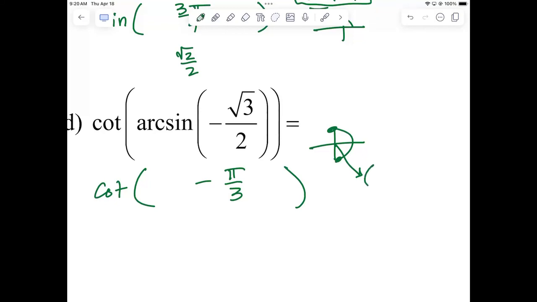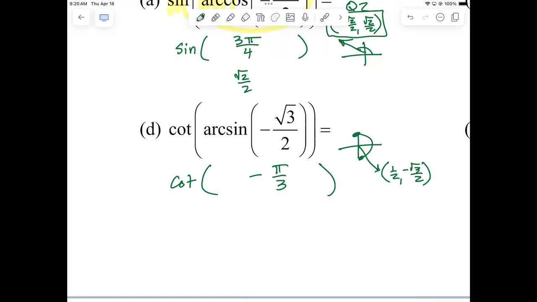If you want to write the ordered pair there, it's going to be (1/2, -√3/2). So now that I have the ordered pair there at -π/3, don't I have all 6 trig functions? Okay. So what is the cotangent? Well, if you look at your ordered pair, it's (1/2)/(-√3/2), which is 1/(-√3), and when you rationalize it, there you go.